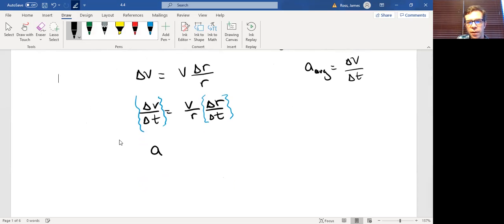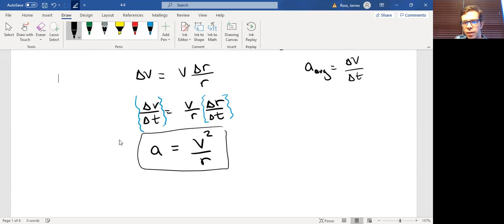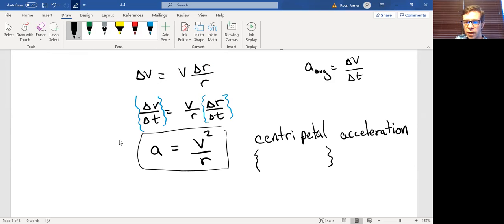So what we're left with is that A is V over R times V, so V squared over R. And this is the magnitude of the centripetal acceleration. All right, this word centripetal means center pointing.